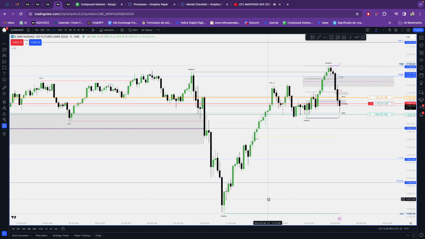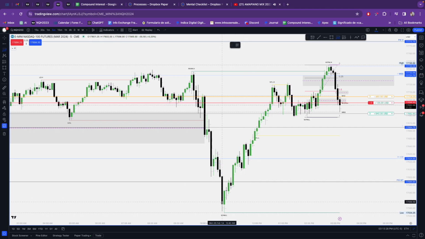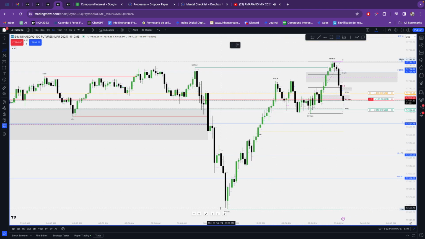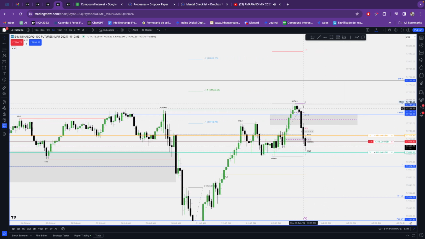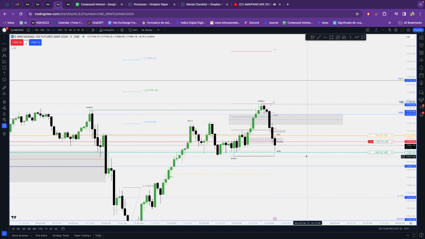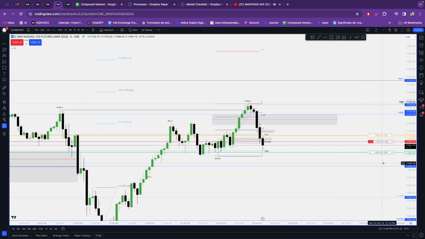Anyways, see, this is our manipulation leg between 1 and 1.5. That's where we expect our retracement. That's what we got here. So this could very well be another manipulation leg that we may have.